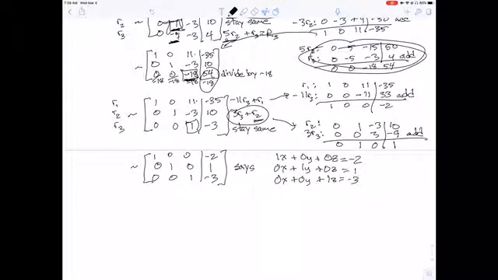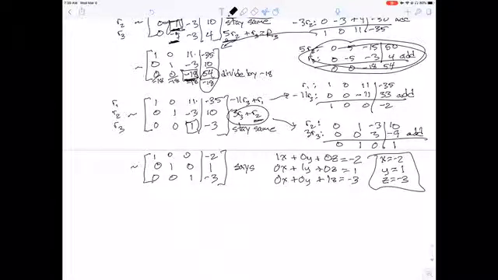In other words, what this says is that x equals negative 2, and that y equals 1, and z equals negative 3. And that is the solution to the system of equations.